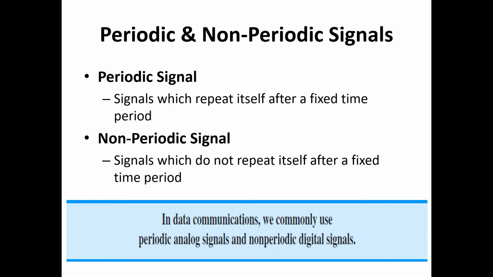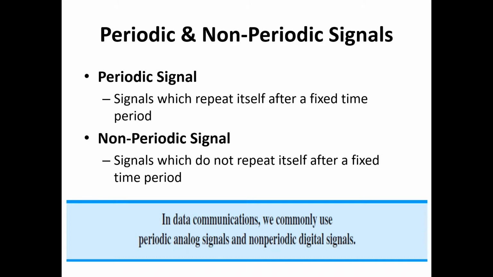For example, assume there is a sinusoidal signal and the amplitude and the frequency of the signal remain the same for every n intervals, then it is called a periodic signal. Whereas a non-periodic signal does not repeat itself in a fixed time period, I mean there is no constant time period with respect to a non-periodic signal.